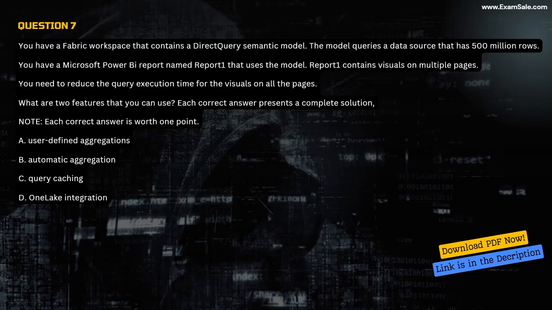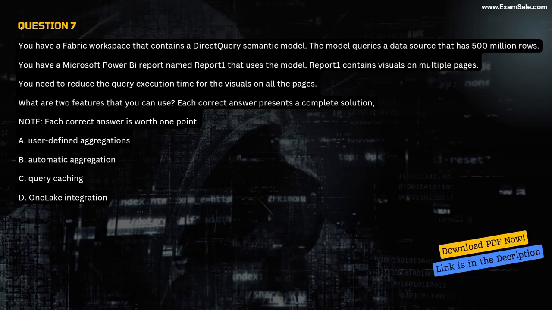Question 7. You have a Fabric workspace that contains a DirectQuery semantic model. The model queries a data source that has 500 million rows. You have a Microsoft Power BI report named Report1 that uses the model. Report1 contains visuals on multiple pages. You need to reduce the query execution time for the visuals on all the pages. What are two features that you can use? Each correct answer presents a complete solution. Note: each correct answer is worth 1 point. A. User-defined aggregations.